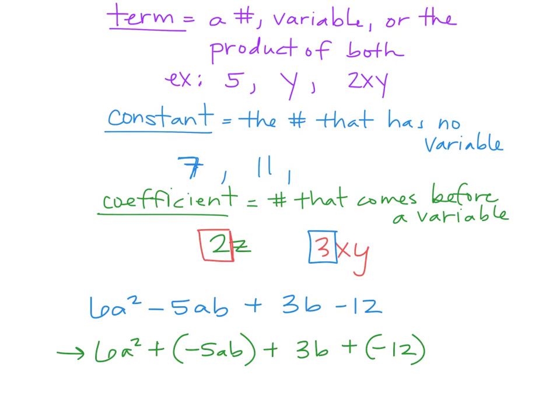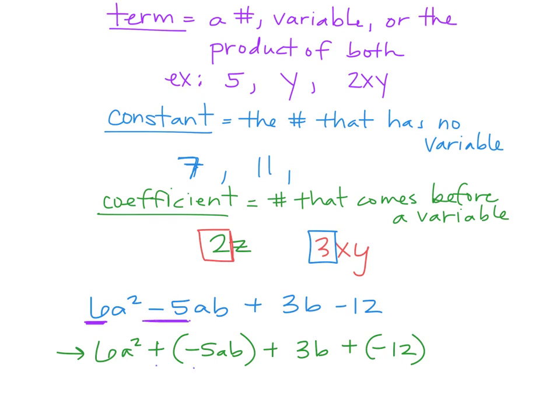Here's what I want to know from you. In this setup, what are your coefficients? 6 is a coefficient. Is it 5? It's negative 5, right? Because essentially what you're doing is plus a negative 5.